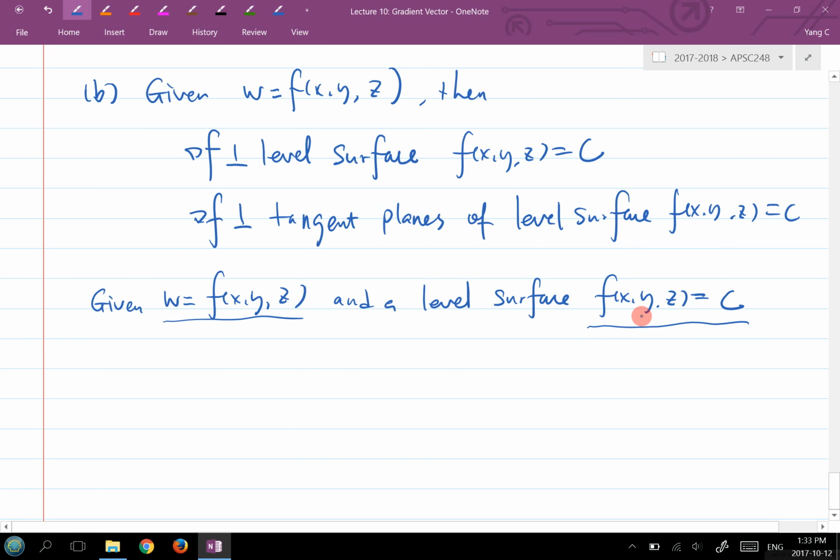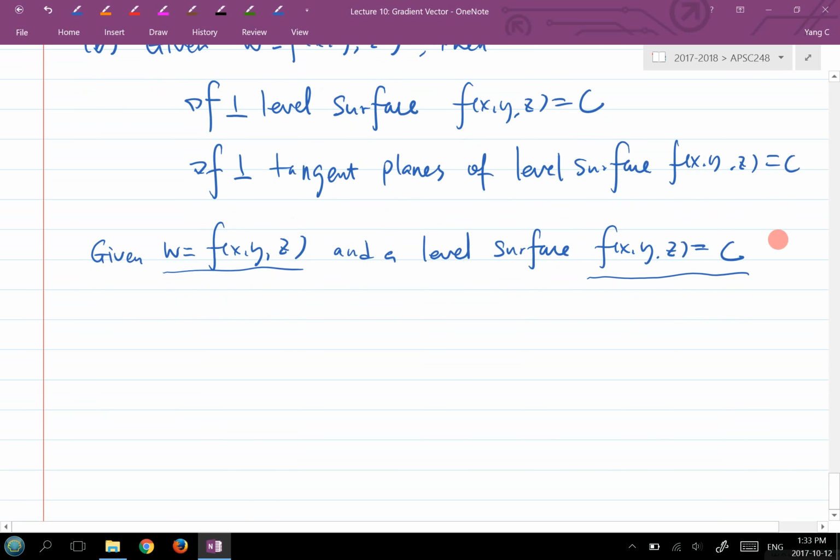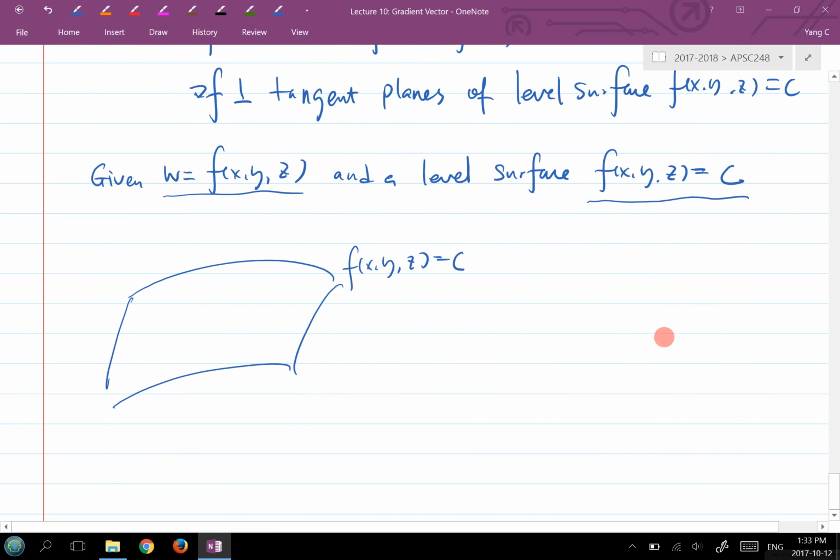Even if you can't, you still can have an implicit form. So you'll be able to sketch this surface, whatever it looks like, maybe just an arbitrary surface. This is f(x, y, z) = c, your level surface.